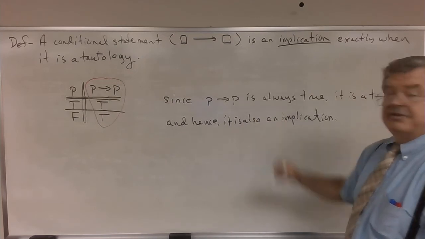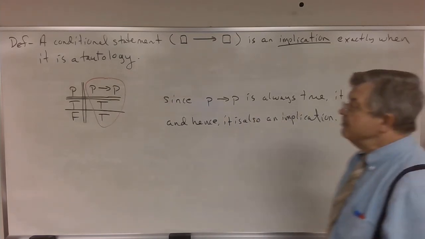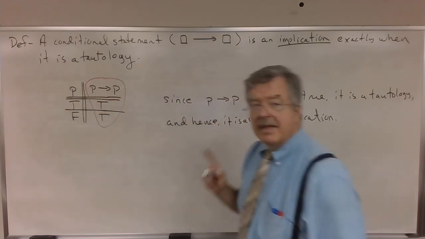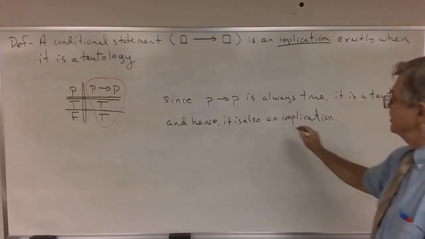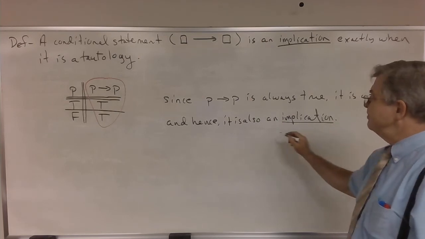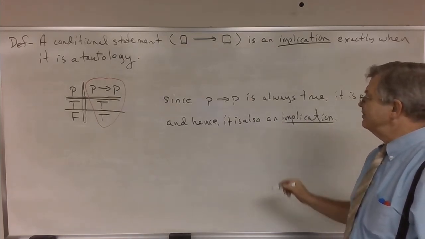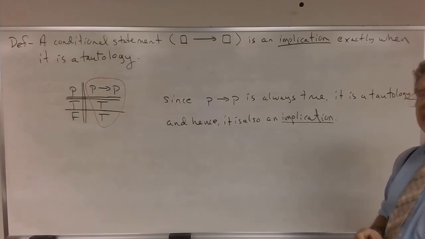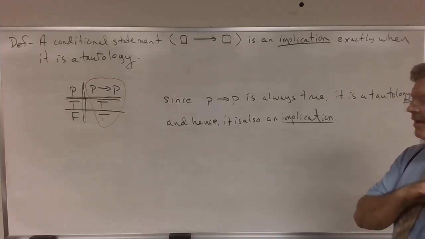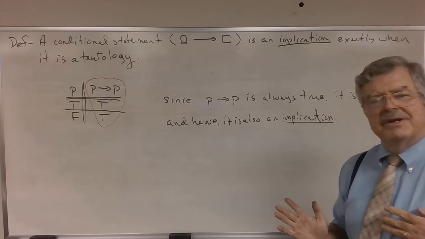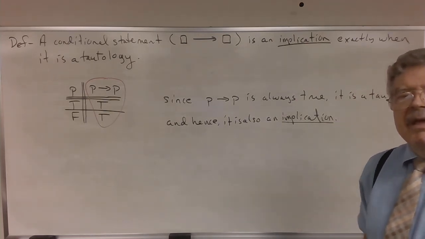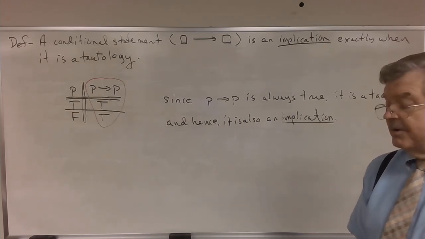It's a tautology, it's always true, but since it's of the form if then, it's also an implication. It's an if then or a conditional statement that's always true. Now that was a cheap trick, but we wanted to see a really simple example of an implication before we go a little bit deeper.